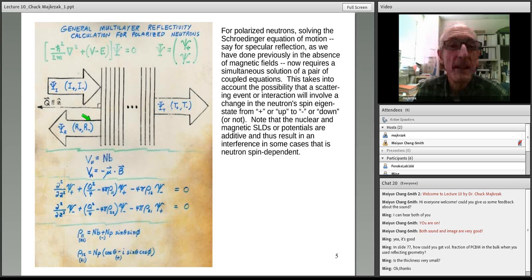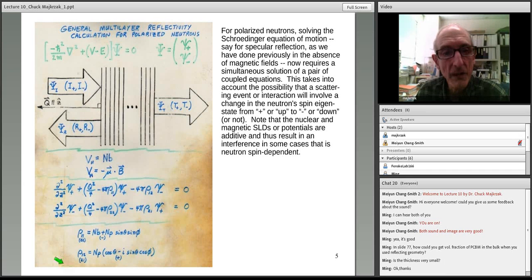Well, the same thing can be done when the neutrons are polarized and we're dealing with magnetic materials, but now that 2x2 transfer matrix and pair of differential equations now gives rise to a transfer matrix that has 4 components, and that comes about by consideration of the spinor and the two possible spin eigenstates.